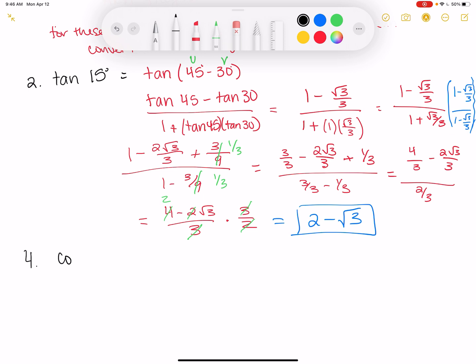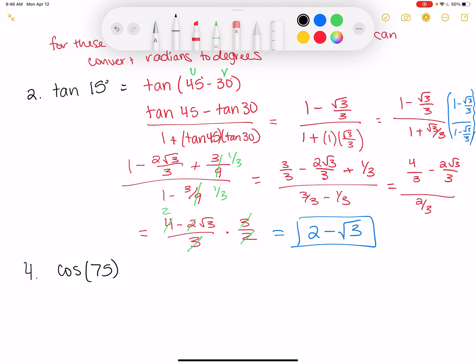All right, the next one is the cosine of 75. Okay, and on the last problem, just for reference, I could have done the tangent of 135 minus 120. But as a general rule, I would say to use the stuff that's easy, like 45, 30, something in quadrant 1, because all your values are positive.